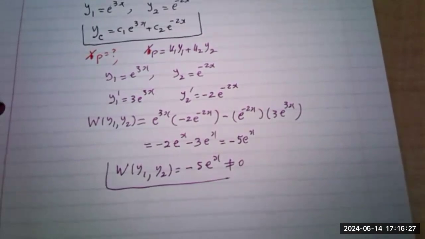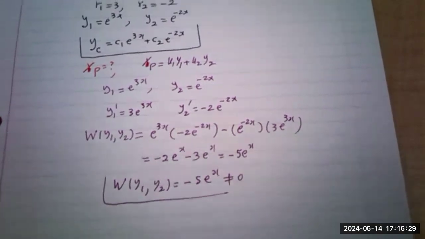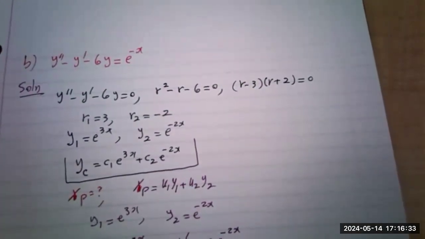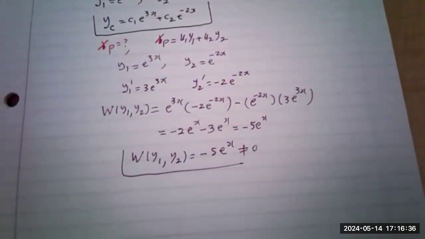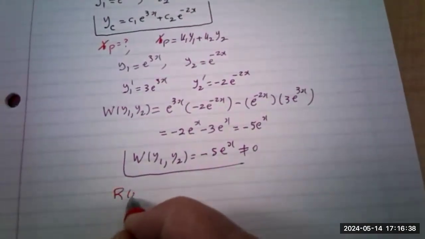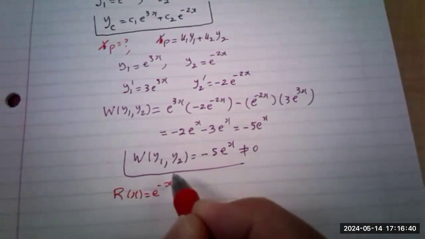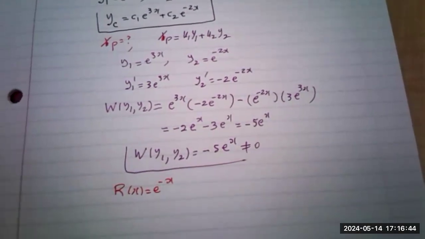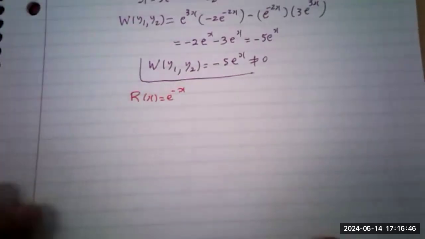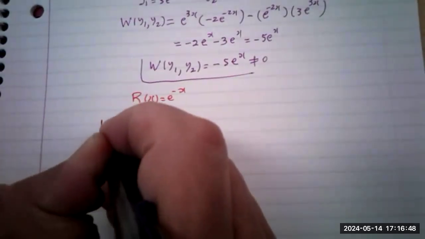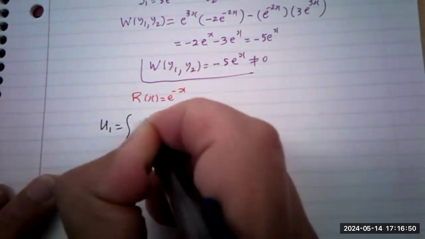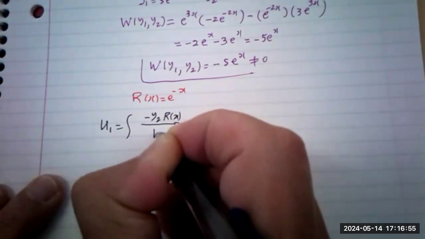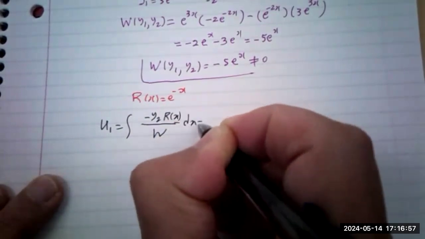Okay, so introduce the R of x. Again, the coefficient of the y double prime is 1, so you don't need to take any extra action. So R of x is going to be simply e to the negative x. So we go for u1 and u2. u1 is equal to the integral of negative y2 R of x over the Wronskian dx.